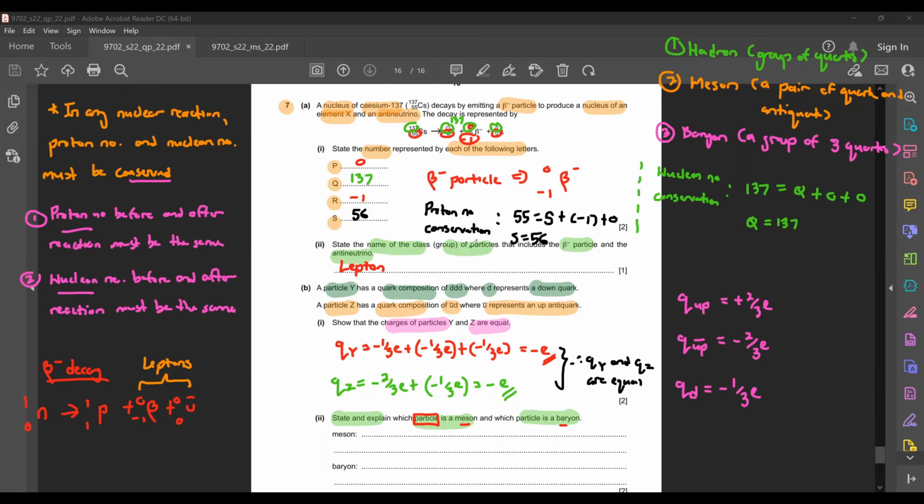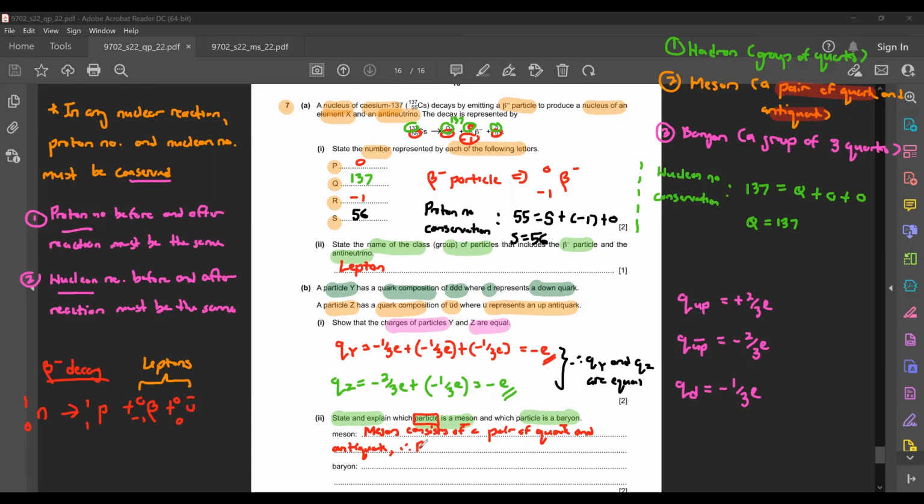So in our case, a meson is a pair of quark and antiquark. So we will say that meson consists of a pair of quark and antiquark.